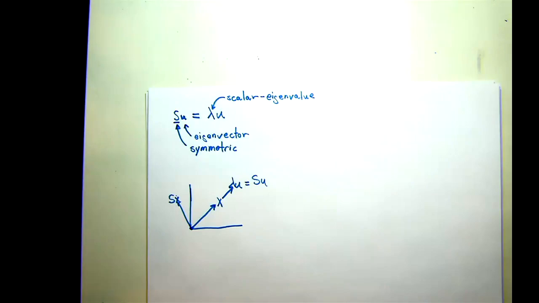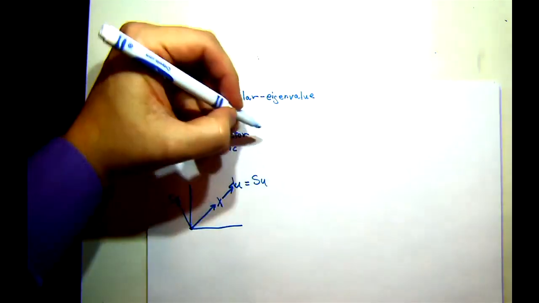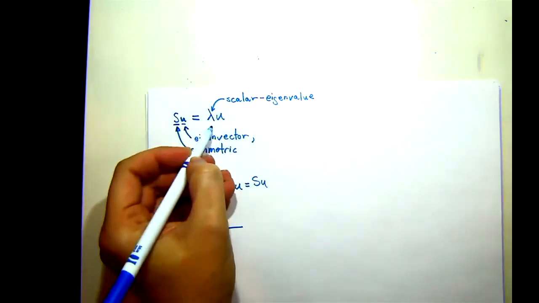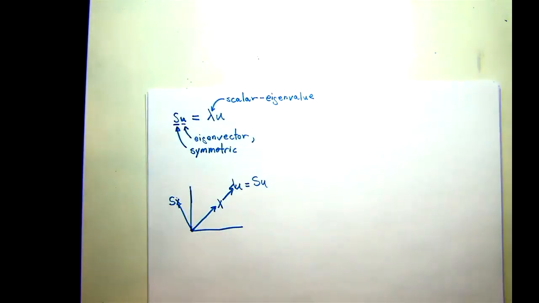There's a couple things we're going to enforce here. You could calculate these eigenvectors in a lot of different ways. You can arbitrarily scale them. If you double the size of this, you could halve the size of the lambda, and that would still work out.